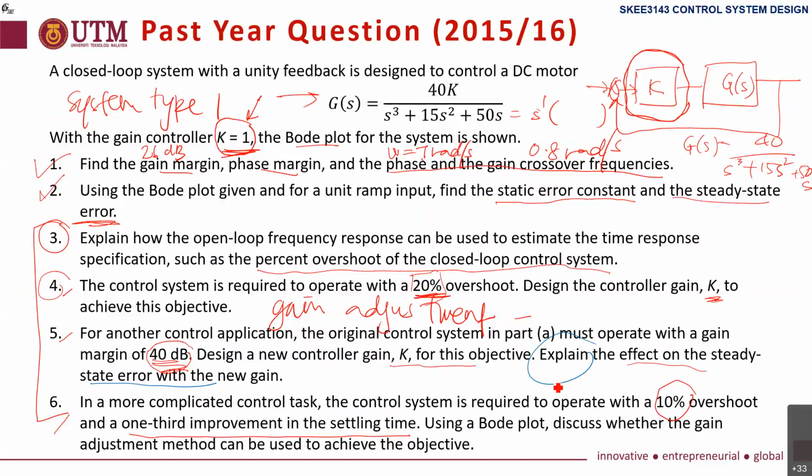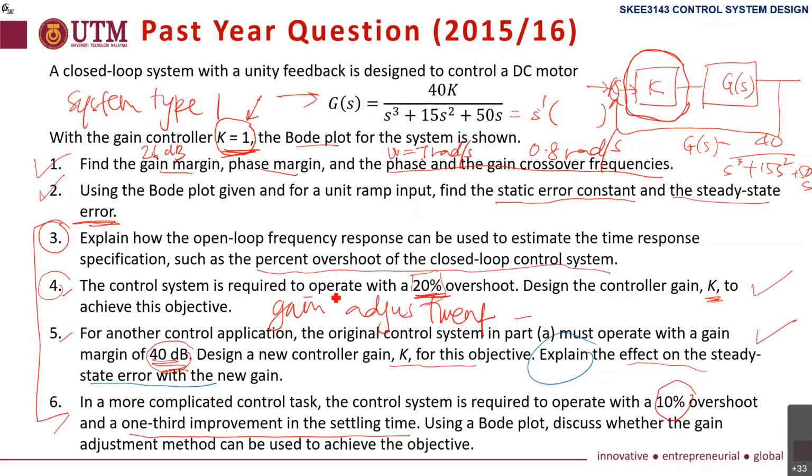Actually, once we complete frequency response techniques in control design, you will know that gain adjustment cannot be used to achieve two objectives. Here in number 4 and 5, the objective is only one, either overshoot, that means phase margin, or gain margin of 40 dB.